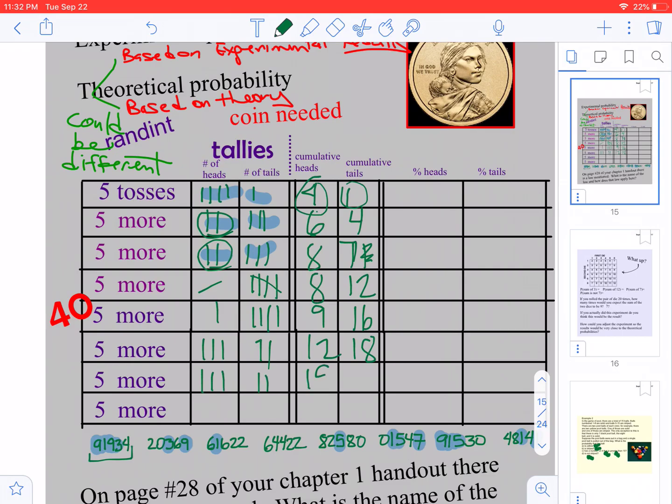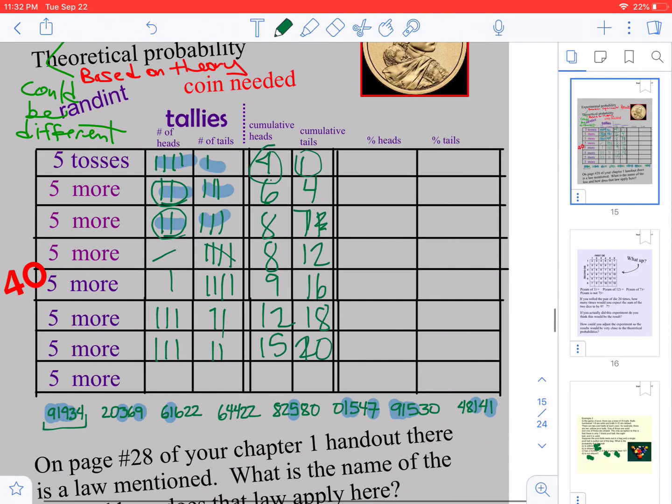So we have 15 and 20. And then we have 2 and 3. And so we would close with 17 and 23. All right. And notice how these numbers have gotten closer and closer as we went further.